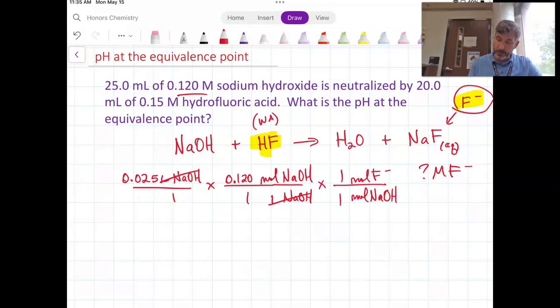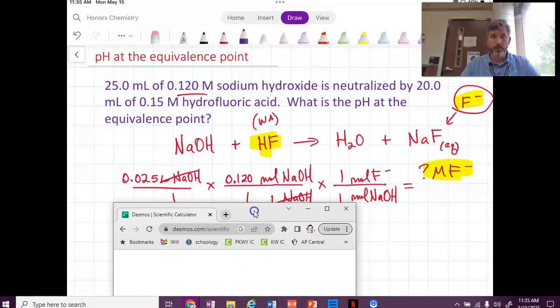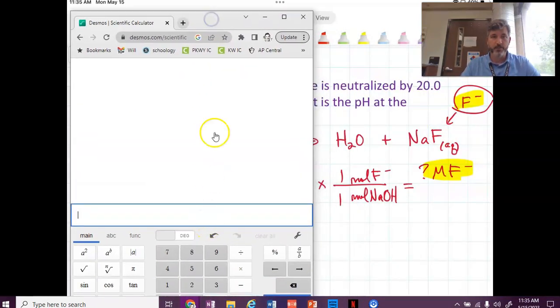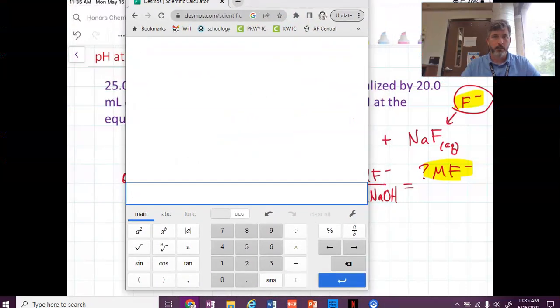Because again, if I want to know the molarity of the F minus, I need to know the moles and the liters, all right? So basically this one is just going to be 0.025 times 0.12. All right, there we go.